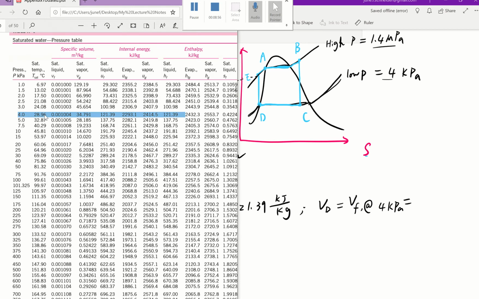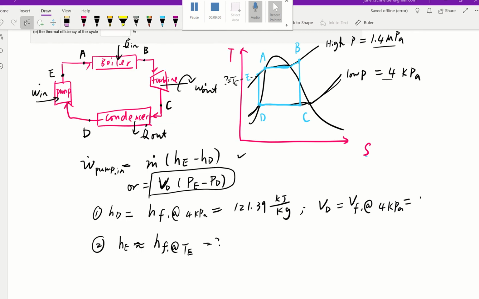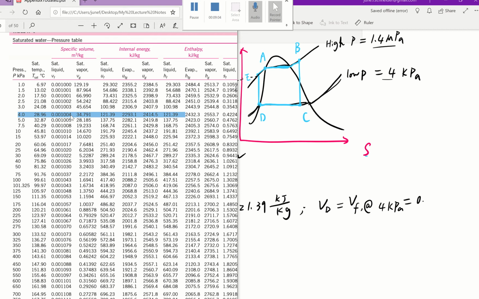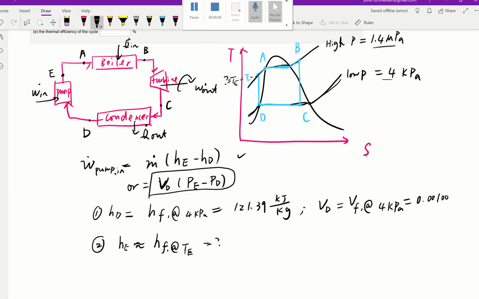Our specific volume VF is this one right here, 0.001004. Let's double check I got the number right. Yep. That's in units of meter cubed per kilogram. That's our specific volume for D.